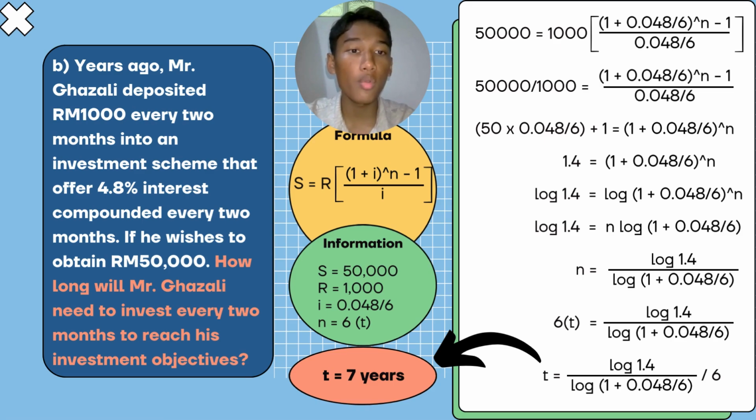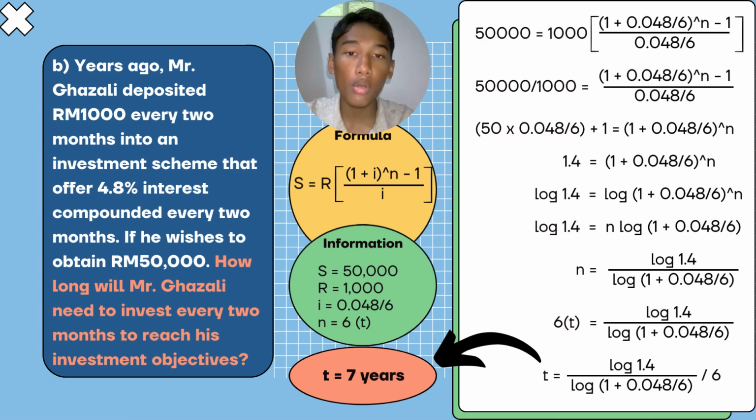Then we move the 0.048 divided by 6 from below to the left and the minus 1 to the left. And we get 50 times 0.048 divided by 6, plus 1. And then we will get 1.4 equals (1 plus 0.048 divided by 6) power n.